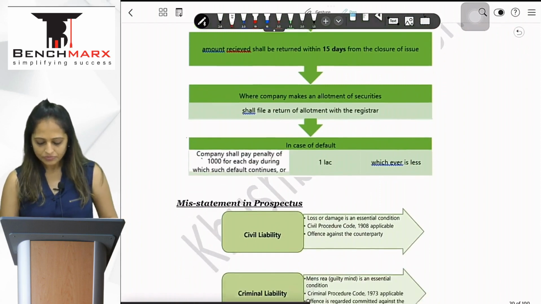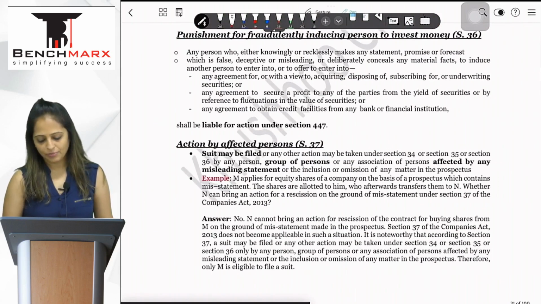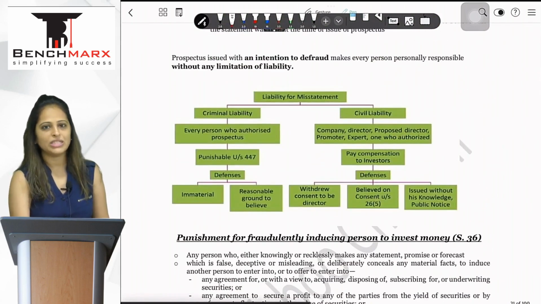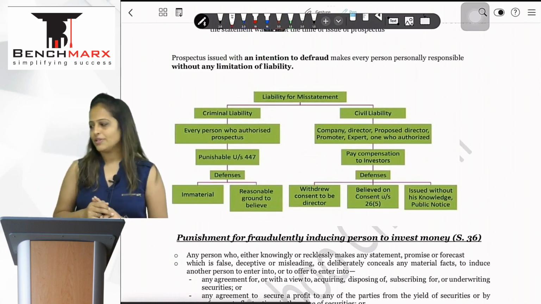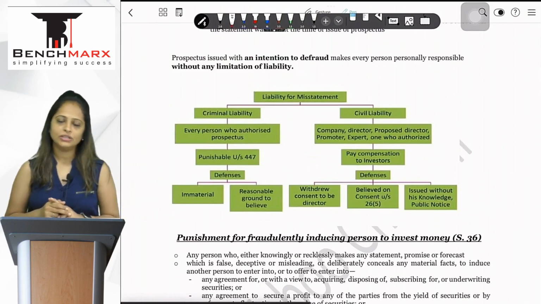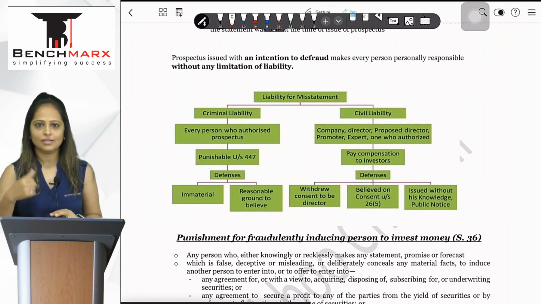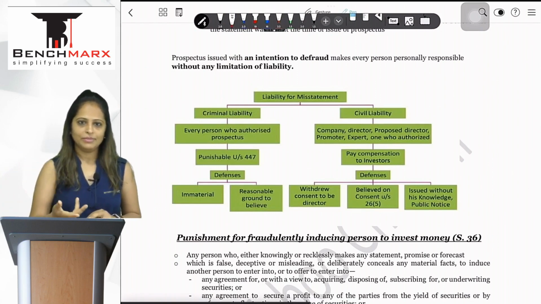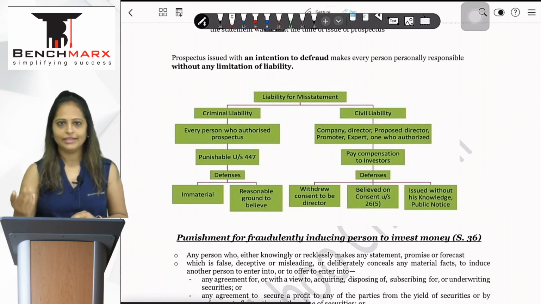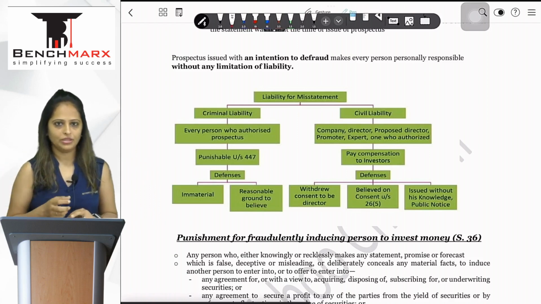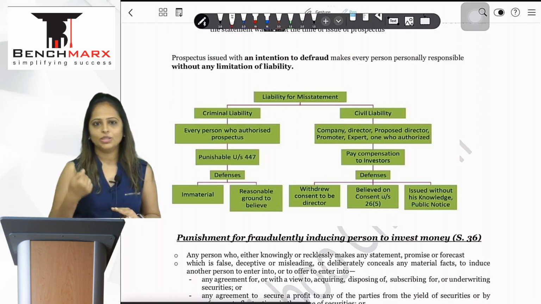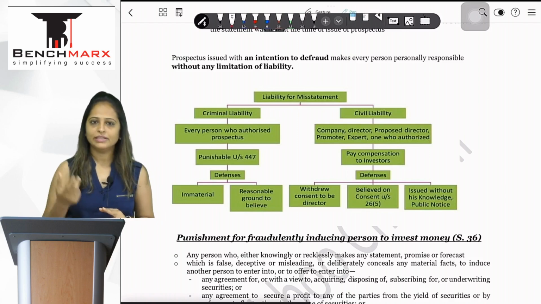Correct? Now, coming to misstatement in prospectus, if you have mentioned something which is incorrect, there are two possibilities. One is a civil wrong, the other is a criminal wrong. Civil wrong is something that is there by mistake, or something which was neglected, or you couldn't put it. And criminal is something wherein mens rea is present, a guilty mind is present.